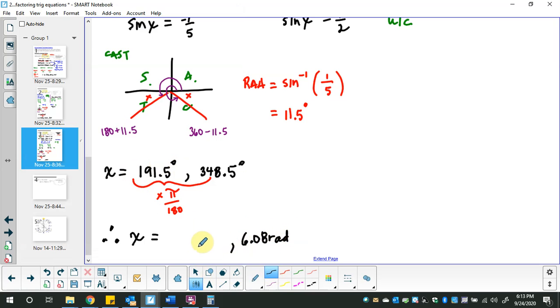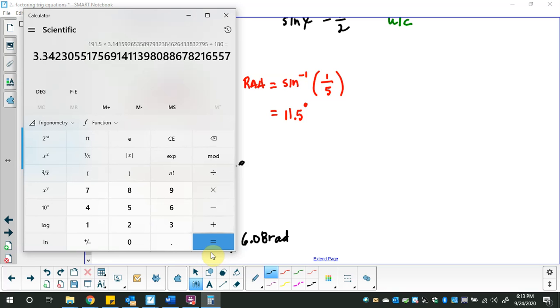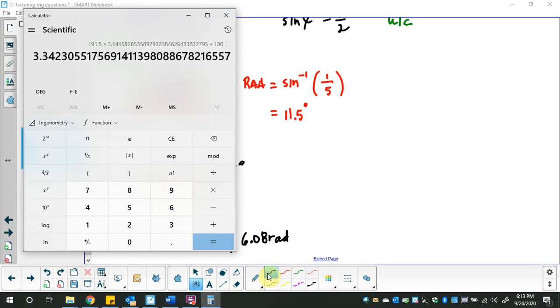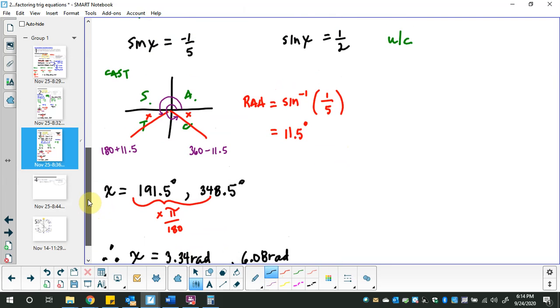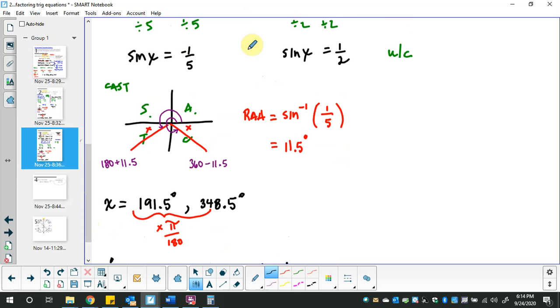And 191.5 times pi divided by 180 equals 3.34 radians. So, this therefore statement, even though I've got a monstrous therefore, it's not done until you deal with the other half of the question. So this part right here.